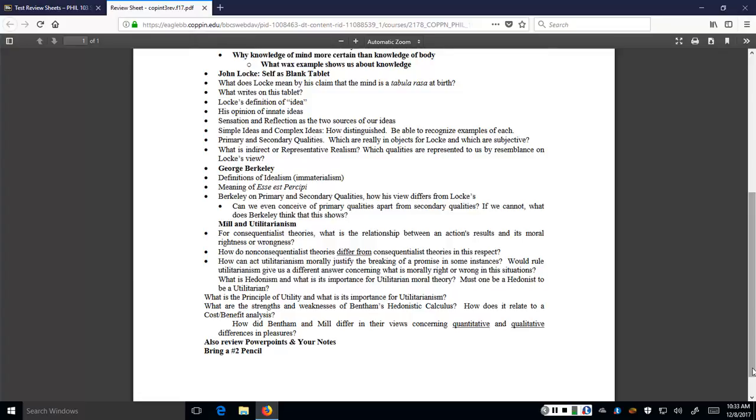Descartes put us in what was called the egocentric predicament. And it's this assumption that leads down the garden path to skepticism.